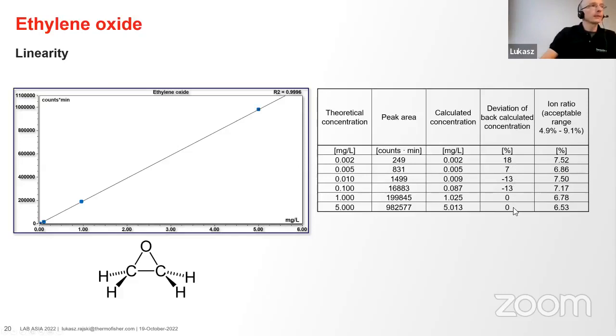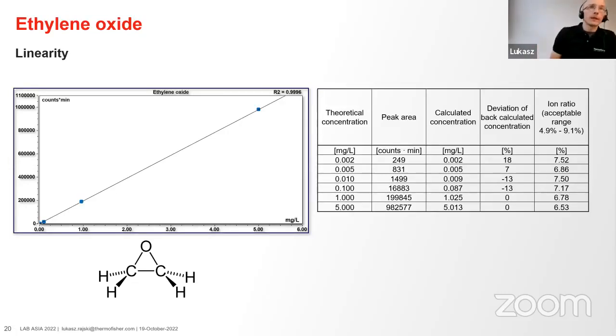You can see in the table that there was no problem with the linearity, no problem with back-calculated concentration, and also the ion ratio was stable, because this is also one of the identification criteria that we have, that when we work with a triple quad, we have to control the ion ratio.